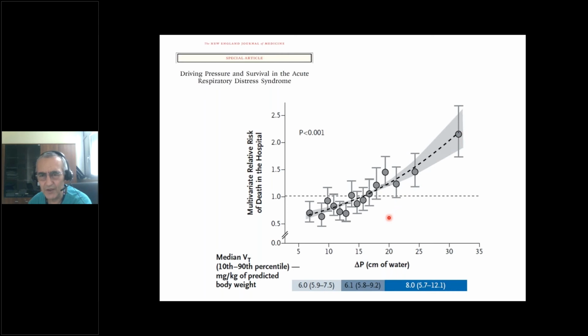And usually we consider 14 or 15 of driving pressure as a safe number, just because this number is the average mortality of the study of Marcelo Amato.